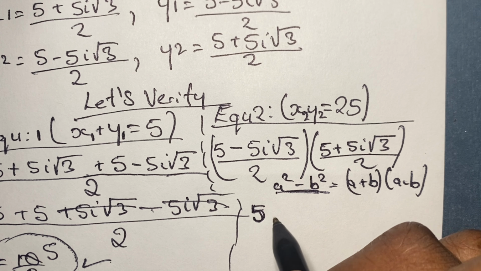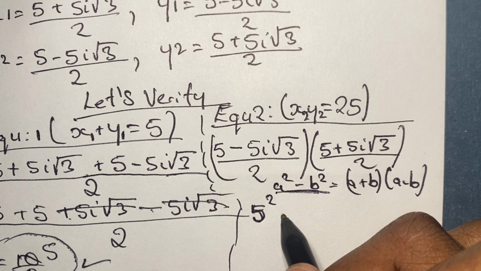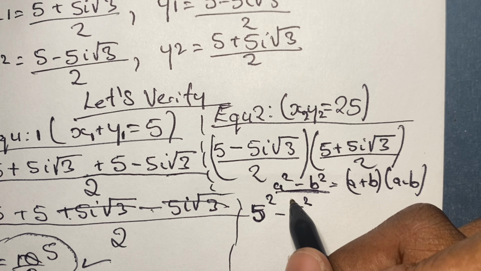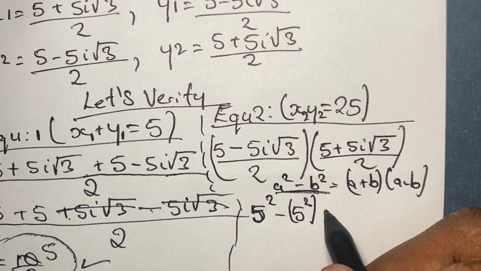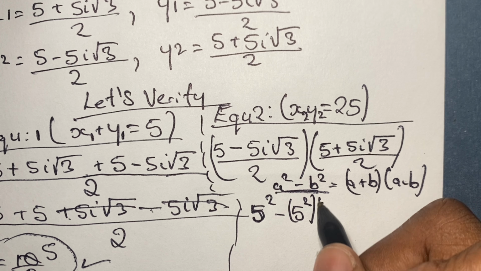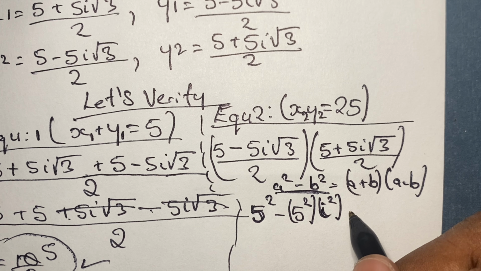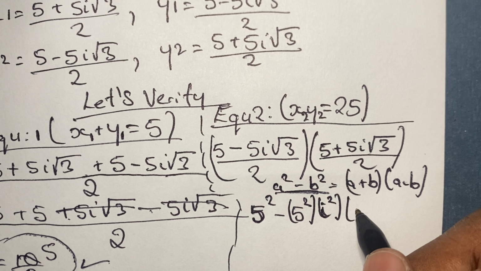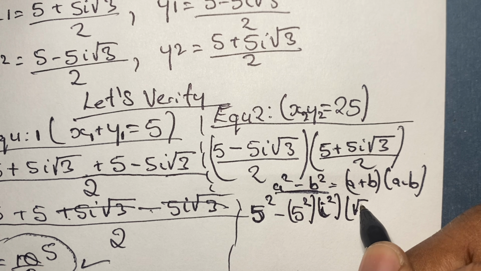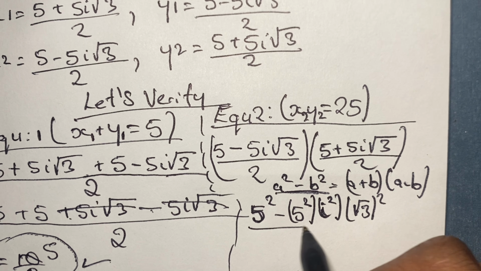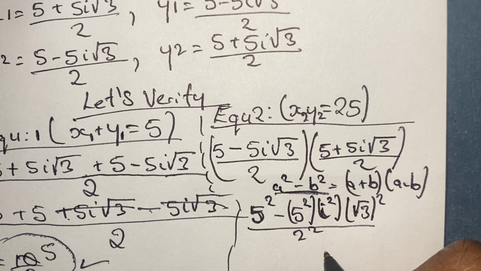So this means that we'd have 5 squared minus 5 squared, and the i will also be squared, and the square root of 3 will also be squared. And of course, we'll have all of this over 2 squared.